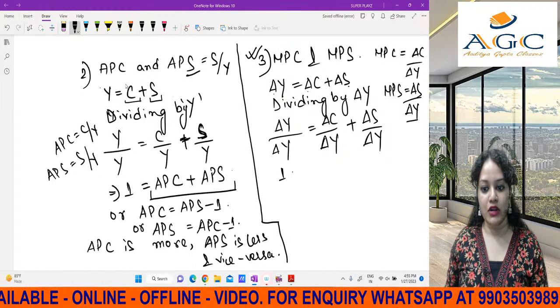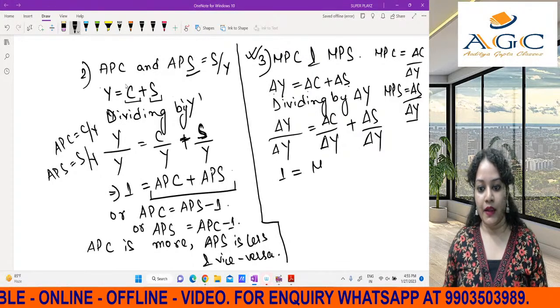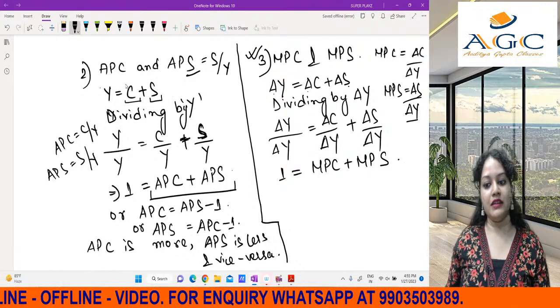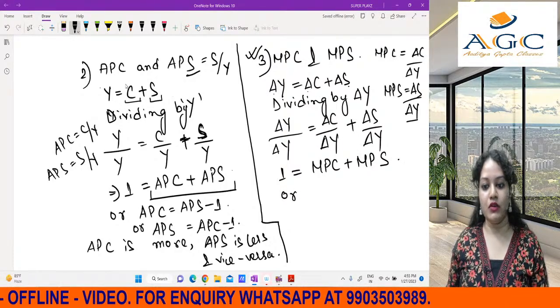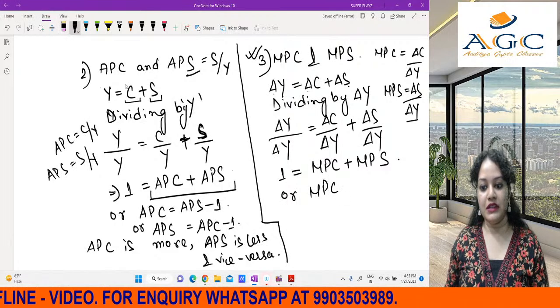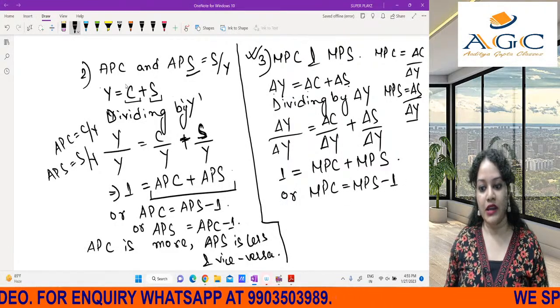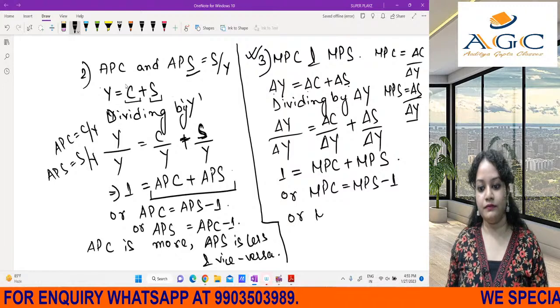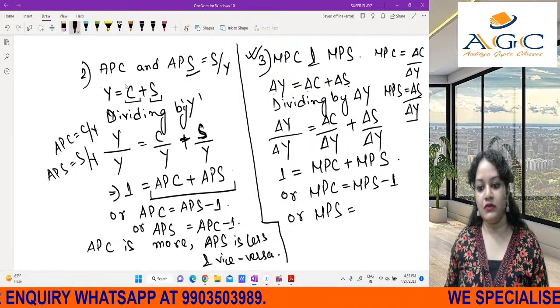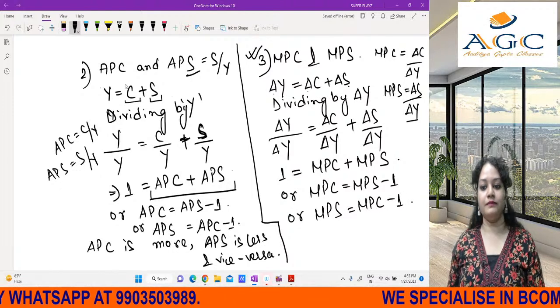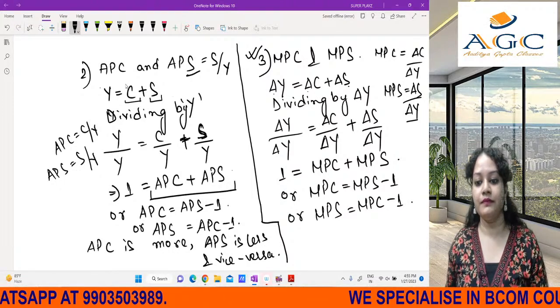So we can write what? 1 is equal to MPC plus MPS, right? Or we can say what? MPC is equal to MPS minus 1, or MPS is equal to MPC minus 1. Clear?